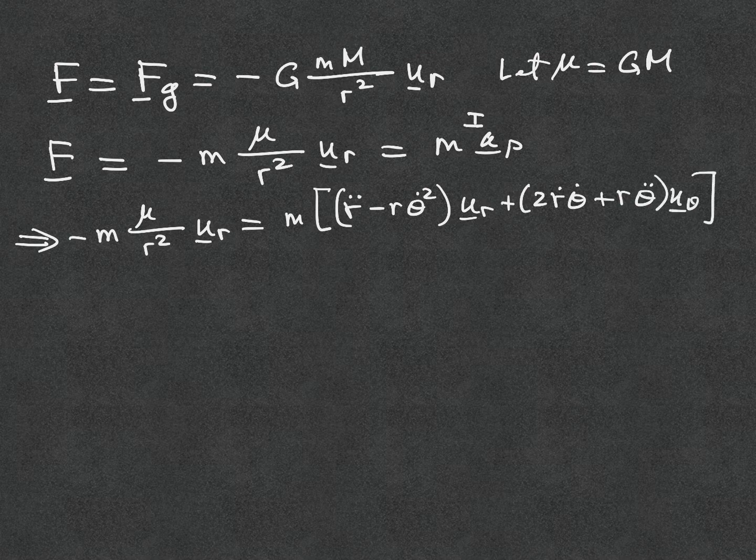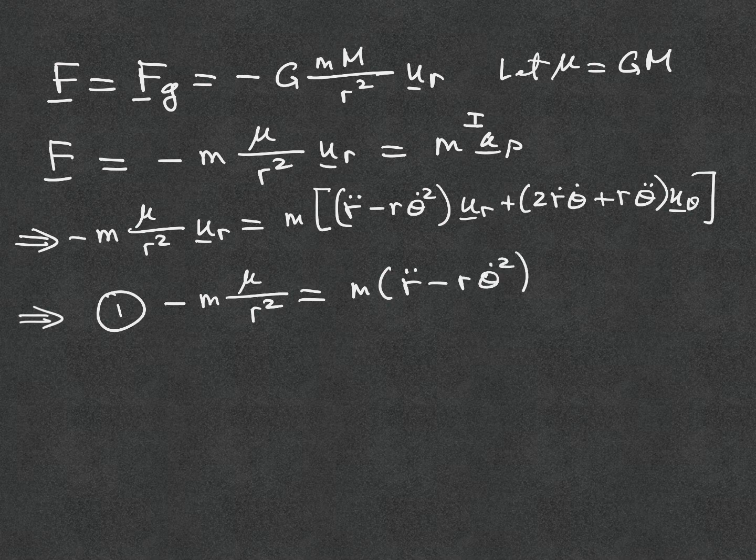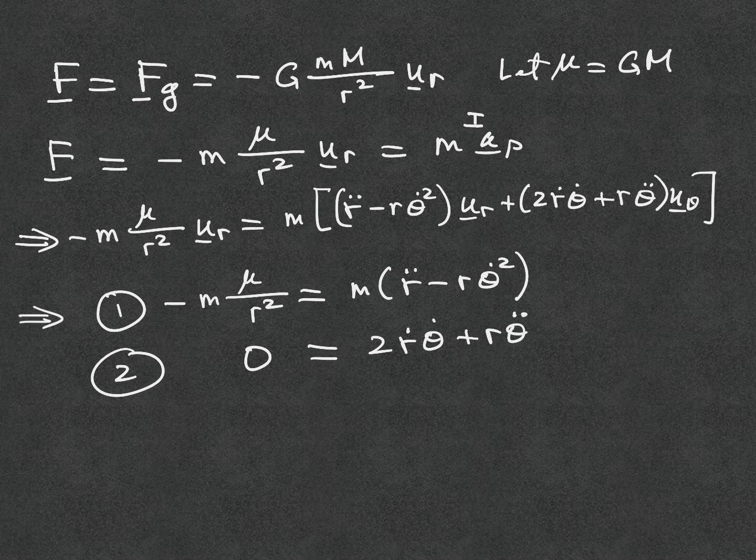Now when I equate components, I get the following two equations. The first equation is minus m times mu over r squared equals m times r double dot minus r theta dot squared. The second equation is 0, since there's nothing in the u_theta direction, equal to 2 r dot theta dot plus r theta double dot.